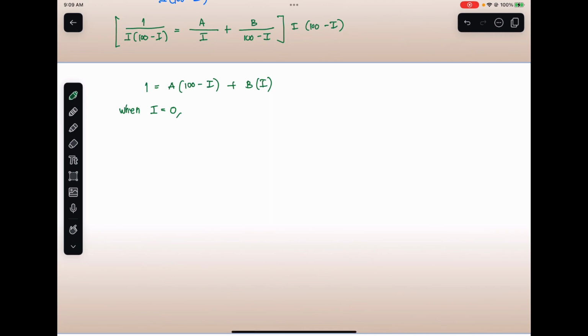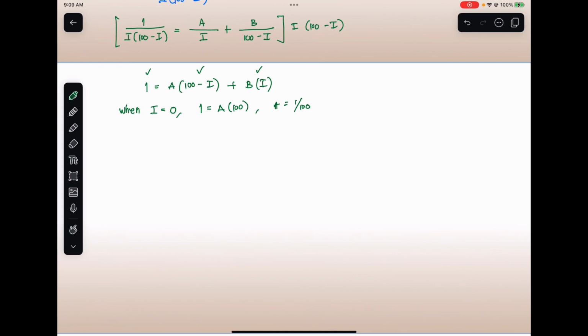So what happens? 1 is equal to A times 100 minus 0, which is still 100, and then B times 0 is 0. Therefore, A is 1 over 100.